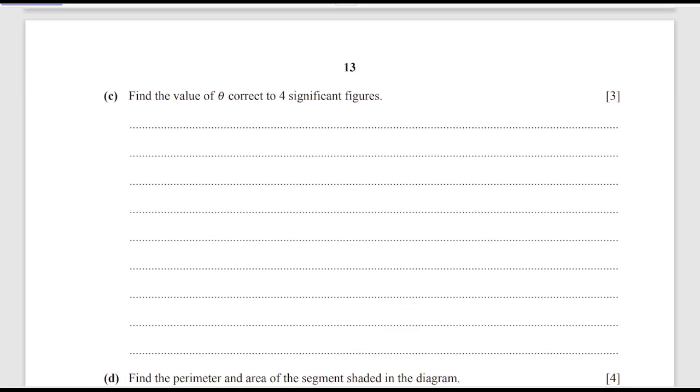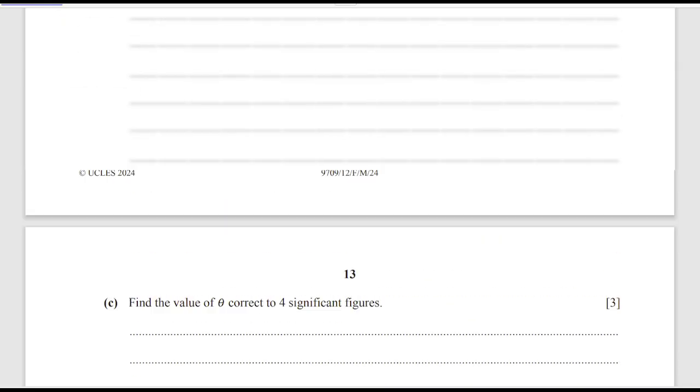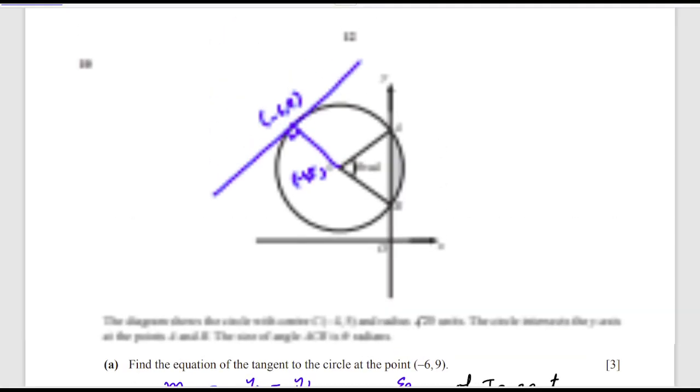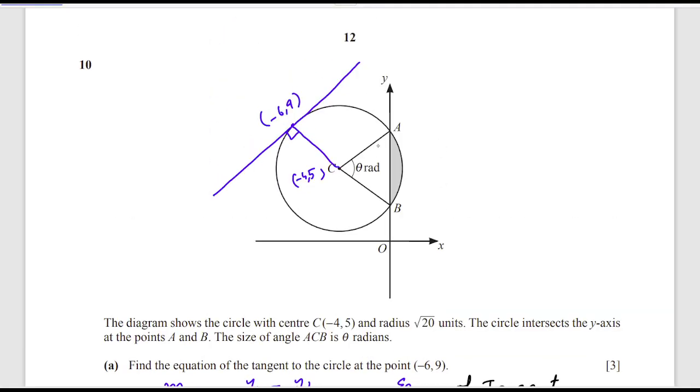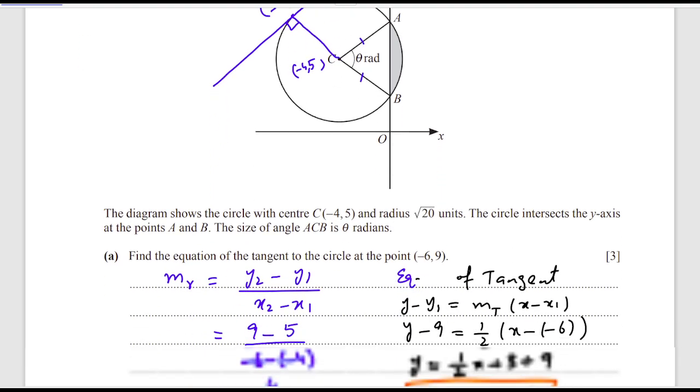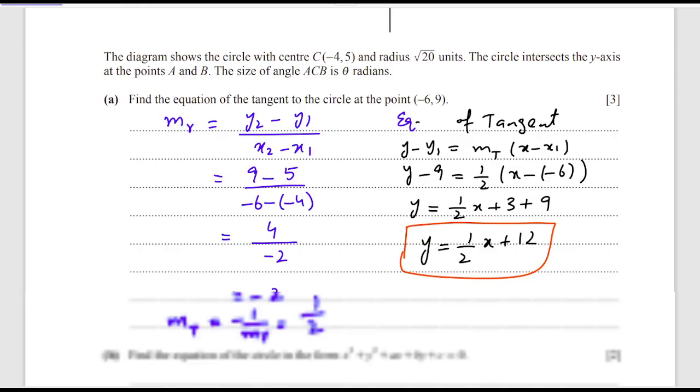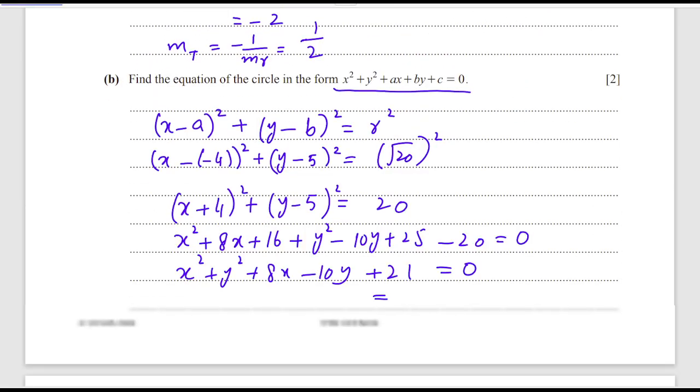Part C. In part C, find the value of theta correct to 4 significant figures. In order to find angle theta, this triangle is an isosceles triangle with these two sides equal in length, which are the radius, square root 20. To find angle theta, we can simply bisect this triangle into two right angle triangles.